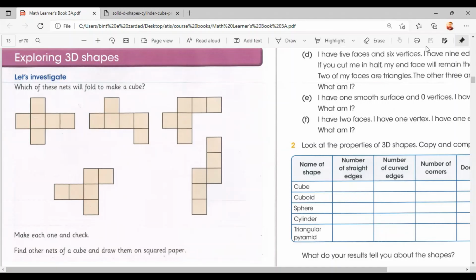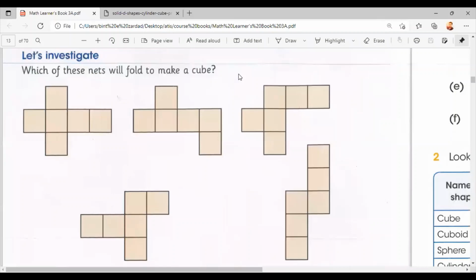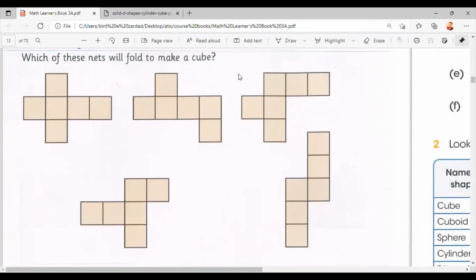What about the next? The second shape, you can also make a cube. The third one, no. The third one, you cannot make a cube. So cross this one. This one, if you fold it, you can make a cube.